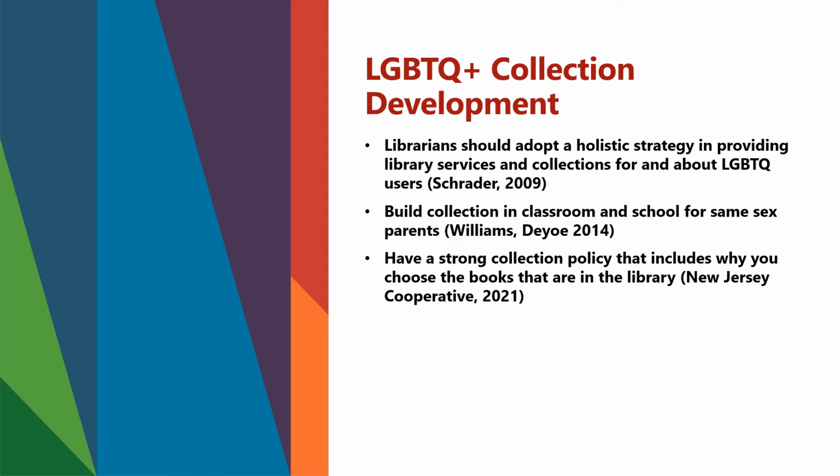You might get some backlash, but having a strong collection policy is important to push back on that and say that we're trying to be inclusive for everybody, and that includes a couple of these books. And have a strong collection policy that includes why you choose the books that are in the library. With the LGBTQ plus community, the biggest tip is to put in your collection policy that you are getting books for everyone, not just people that are white, not just people that are cisgendered, not just people that are straight, but books that include everybody in the community.